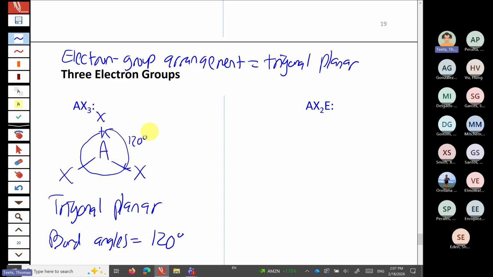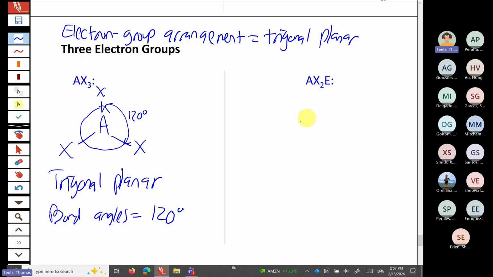And then if we go to the other possibility, which was AX2E, the total number of electron groups is still 3. 2 X's, which are 2 atoms bonded to the center atom, and 1 E, which is 1 lone pair. Because there's 3 total, you're still going to put them in a trigonal planar arrangement, all 3 of those. But now one of them is a lone pair. As I said, in most situations, starting with this one here, all 3 of these positions are equivalent, so you can put the lone pair wherever you want.